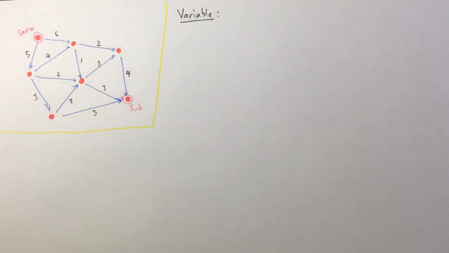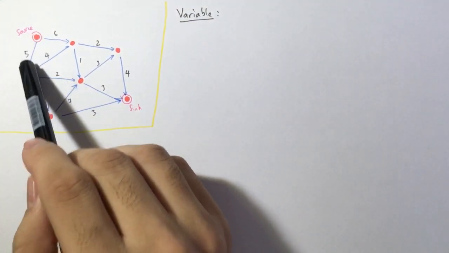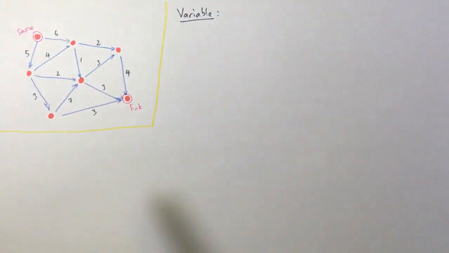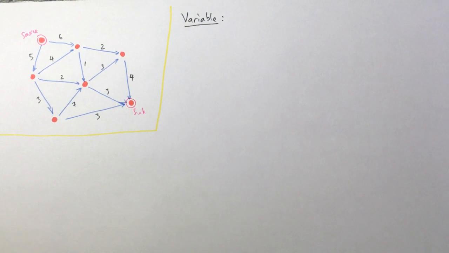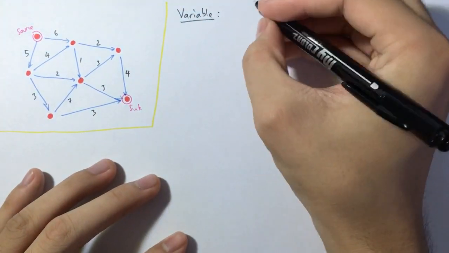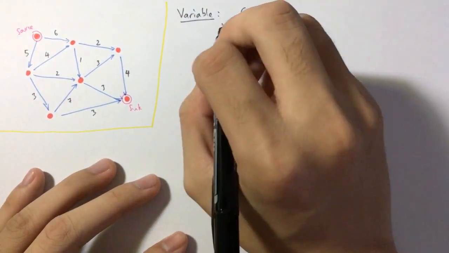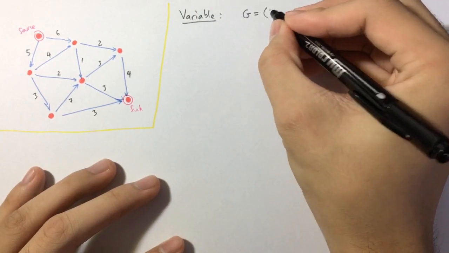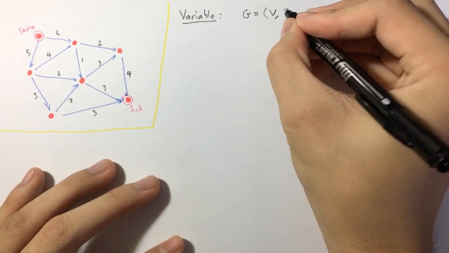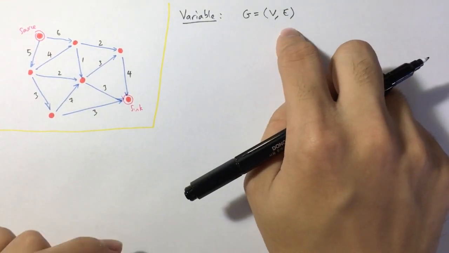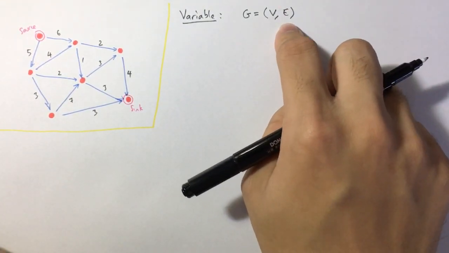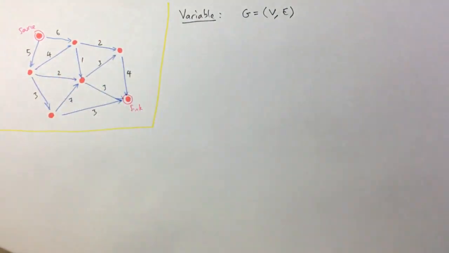We can represent the variable as the amount of flow that will go through each edge of this graph. As a reminder, a graph will have 2 things. It will have a set of vertices, and a set of edges. What we really need is a variable for each of the edges that we have.